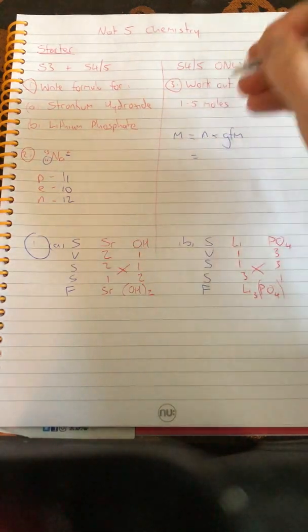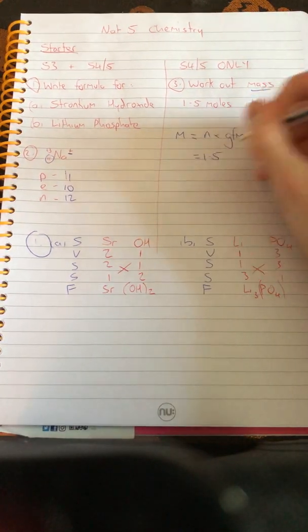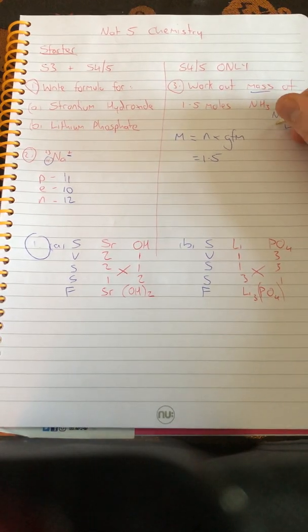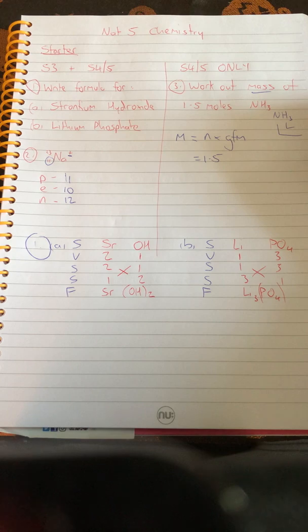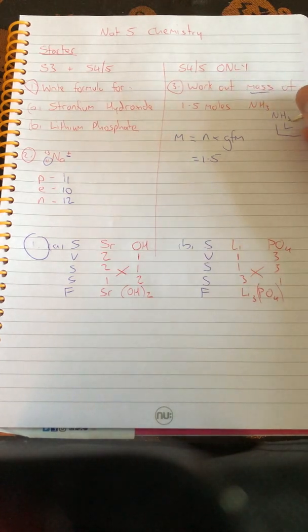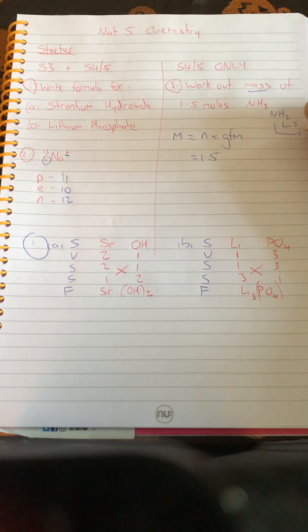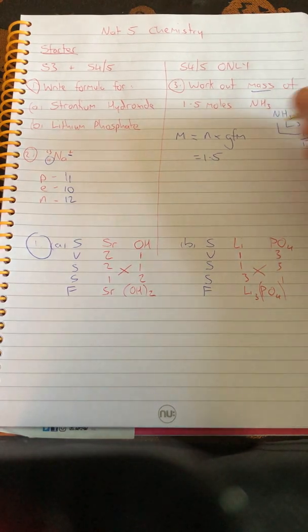The number of moles we have is 1.5. The GFM, you would have had to have done this for ammonia, which is NH3, so 3 hydrogens would be 3, 1 nitrogen would be 14, so in total we've got 17.